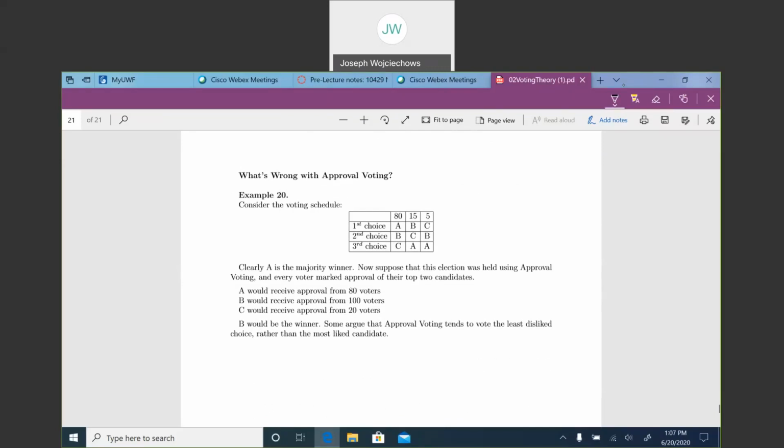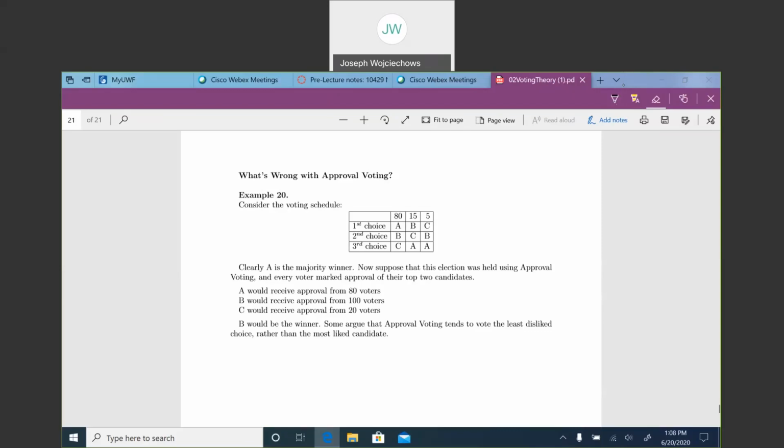So let's consider the following schedule. Clearly A is the winner. A is the first choice of 80. Very obvious. Now suppose that the election was held using approval voting and every voter marked approval of their top 2 candidates.